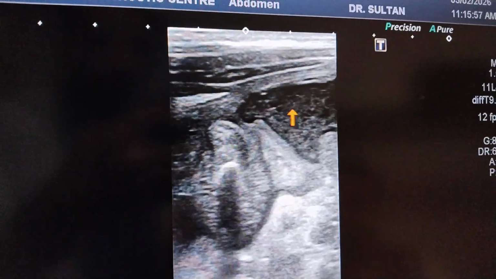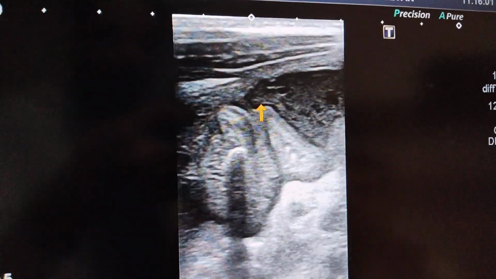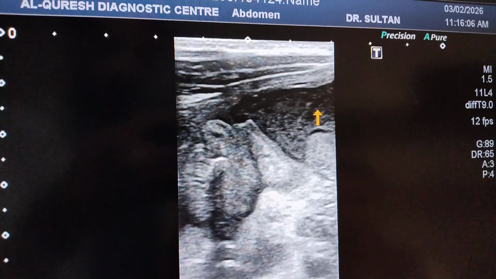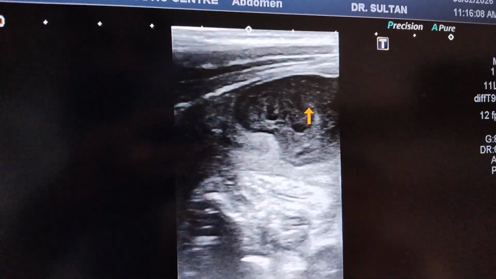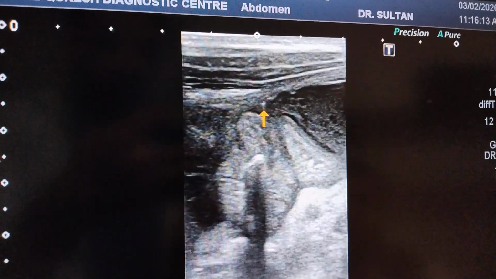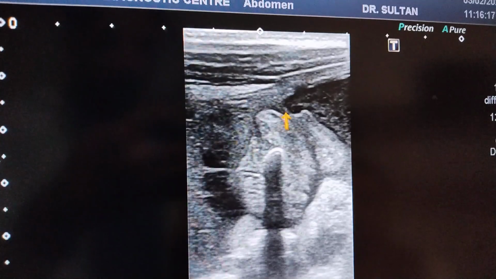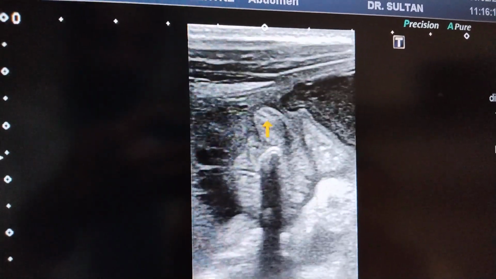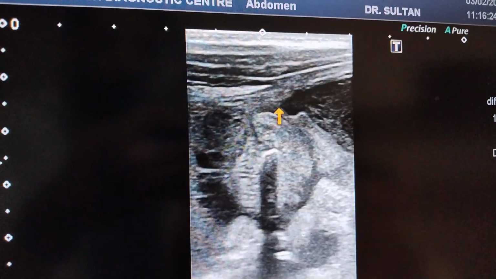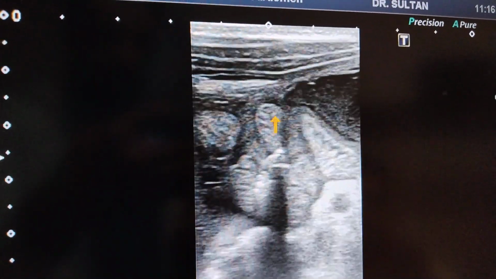Now look here. This is the mass-like structure, and this is the proximal end. Here the diameter is increased significantly. And when we move proximally, here we can appreciate the diameter is decreased, and this one is originating from this area. So this is the distal ileum, and it is originating from this area at the right iliac fossa region.